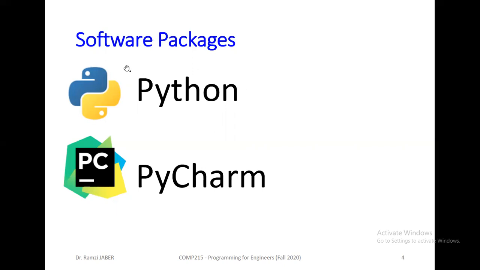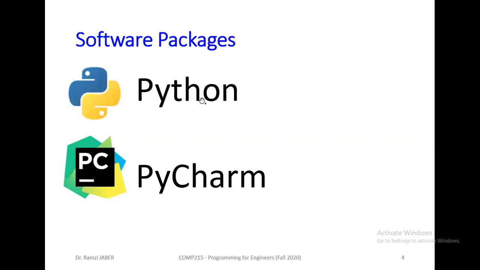So the Python program is the essential one, and for the interface, we can use only Python and not use PyCharm. You can write code, run an application, and do everything using only one software, Python.